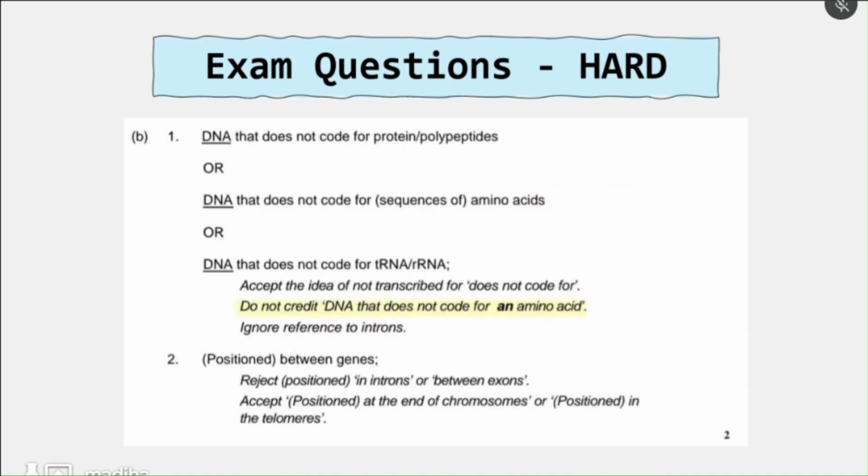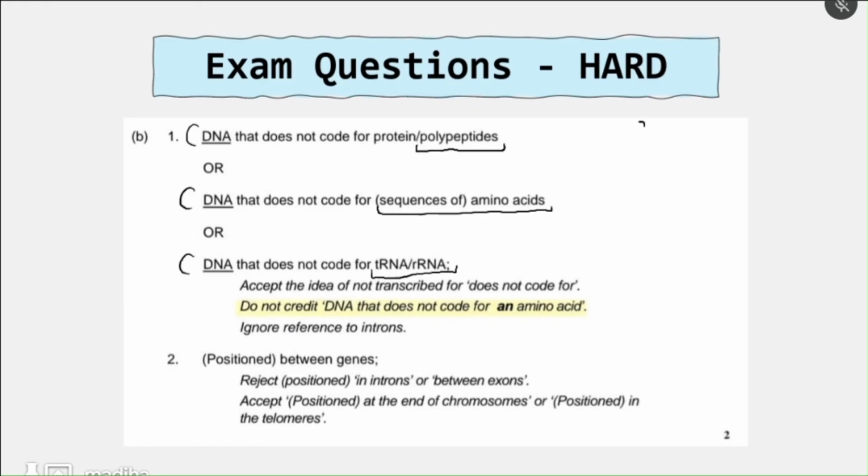This is what the mark scheme says. It's giving you 3 different options actually. DNA that does not code for polypeptides, DNA that does not code for sequences of amino acids, or DNA that does not code for tRNA or RNA.